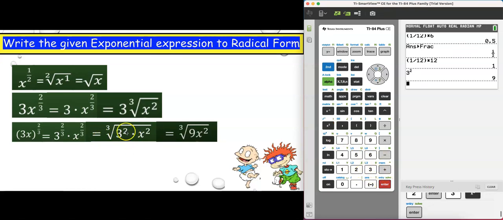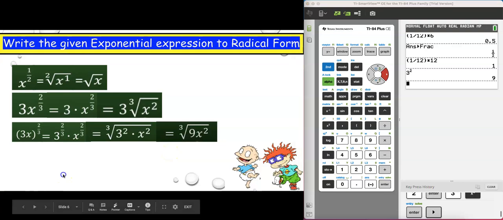Instead of writing 3 squared, I'm just going to write 9. So underneath the radical I wrote 9x to the 2nd power. If I were to read this entire thing, it would be the cube root of 9x squared. All right, so let's move on.